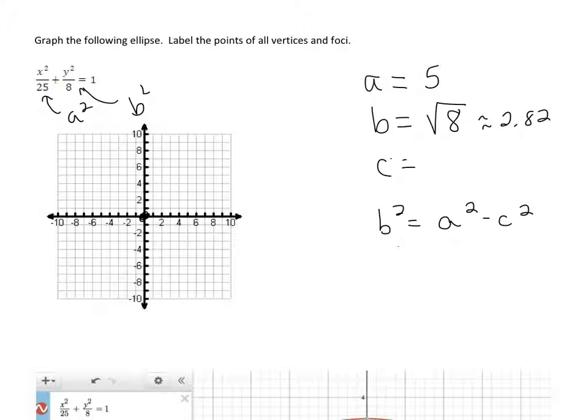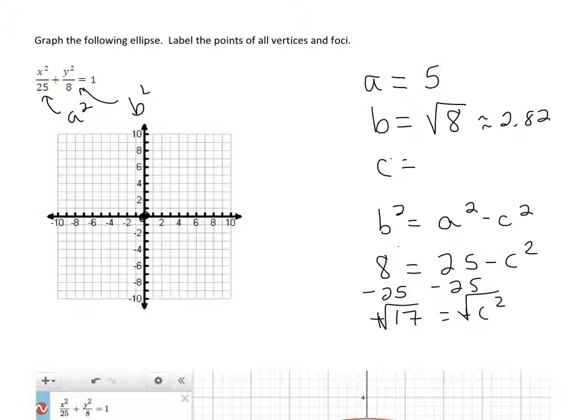B is the square root of 8, squared. That makes more sense. So the square root of 8 squared is 8, equals 5 squared, which is 25, minus C squared. I'll subtract 25 from both sides. 8 minus 25 is negative 17, equals negative C squared. The negatives will cancel out, so we can take the square root of both sides. So C is the square root of 17.